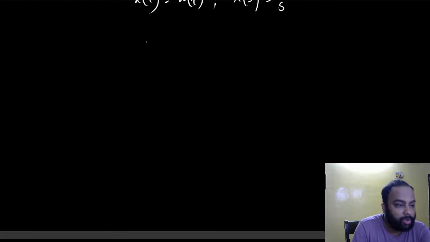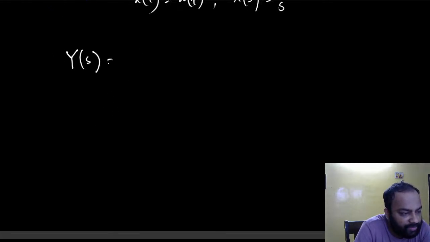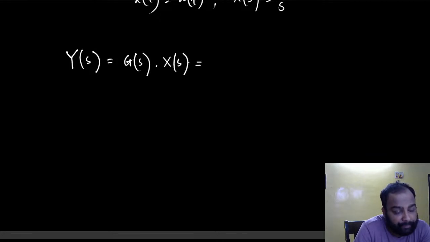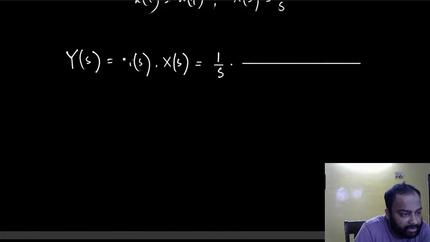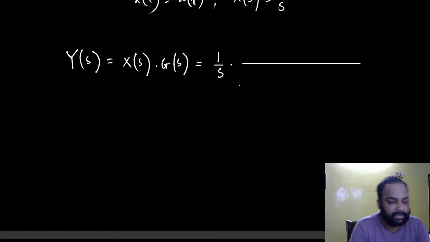All right. So what we are looking for essentially is the output of the system, and the output of the system in the Laplace transform domain, in the frequency domain, is nothing but the product of the transfer function and the Laplace transform of the input. Now, of course, the Laplace transform of the input is 1 by s, and the transfer function rather looks like this. Yeah, it's a product, right? So I can interchange the order here.